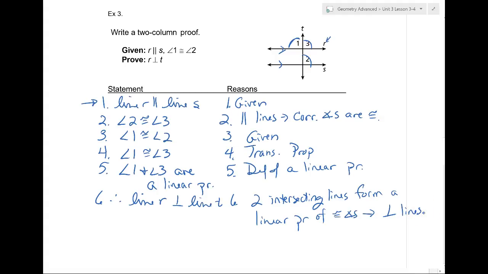Now, another thing you could do, if you showed me that angle 1 and angle 3 are a linear pair, didn't we have a theorem that said the angles are right angles? If you did that and then said the lines are perpendicular by definition of perpendicular lines, it's the same way of doing that proof. I just used the theorem that we've just had today. Don't forget to use what you've had recently.